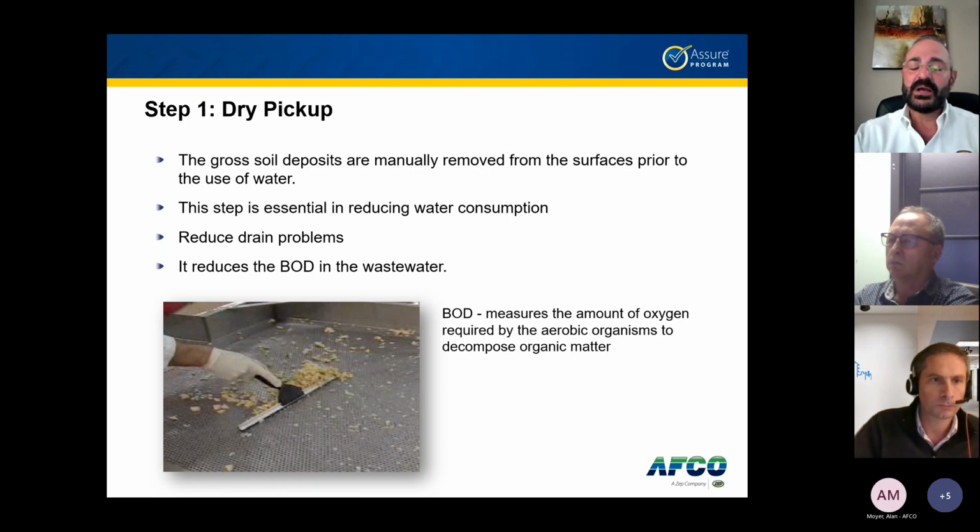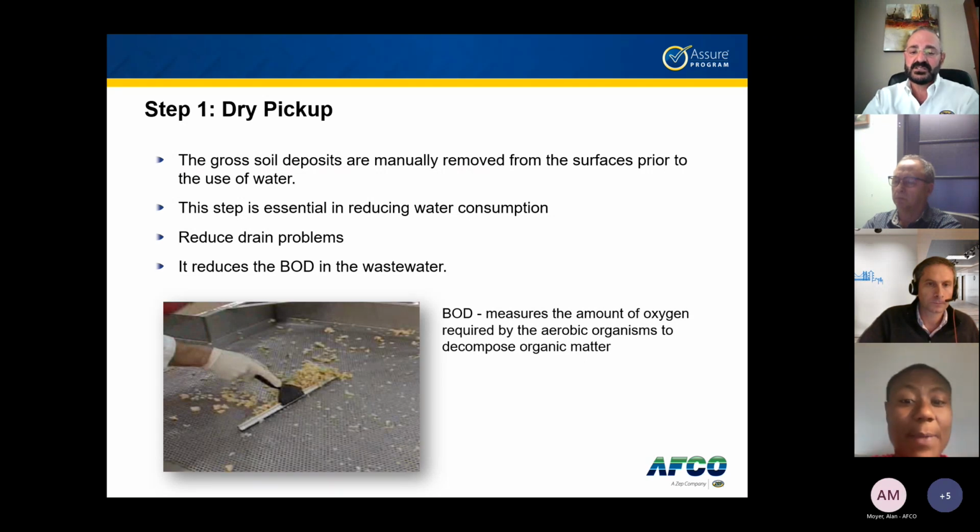And also, when we do the dry pickup, it reduces the amount of organic matter in the drains, which reduces the BOD, or biological oxygen demand, in the wastewater. Biological oxygen demand is the amount of oxygen required by bacteria or aerobic microorganisms to decompose these organic matters.